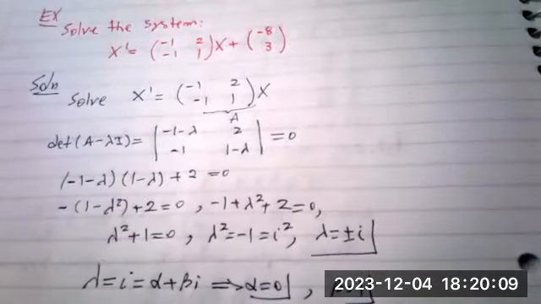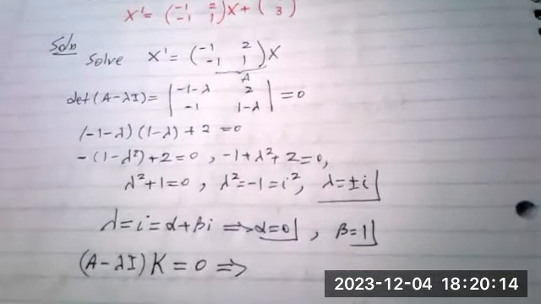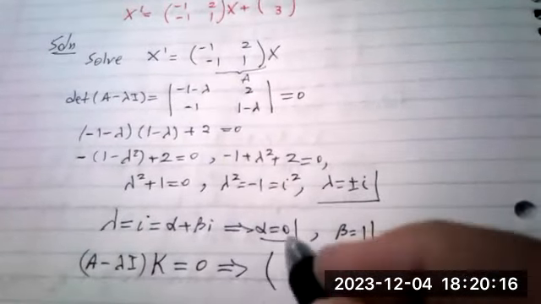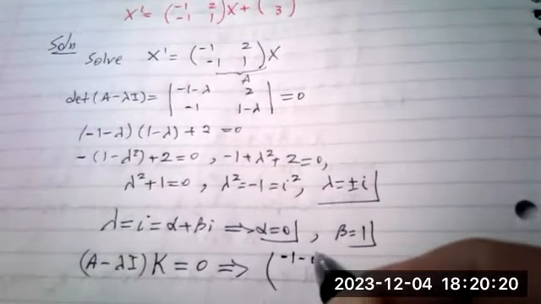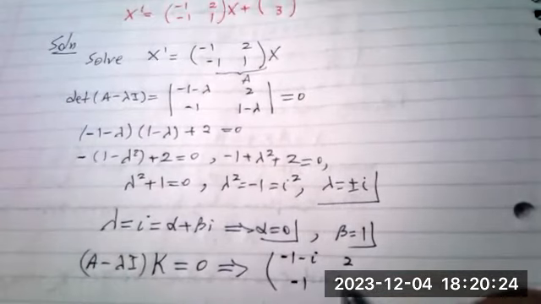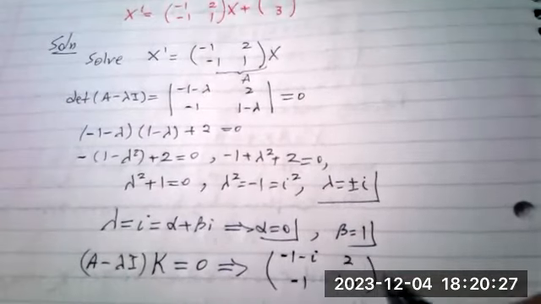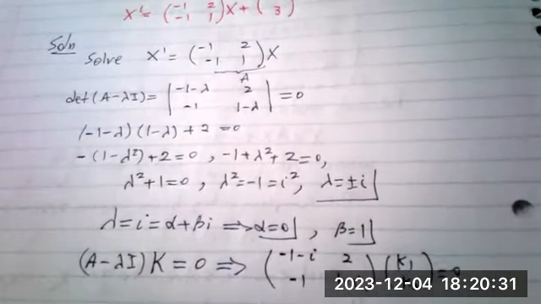You put lambda equal to i in this matrix. So that would give you -1 minus i, 2, -1, 1 minus i, times K1, K2 equal to 0.